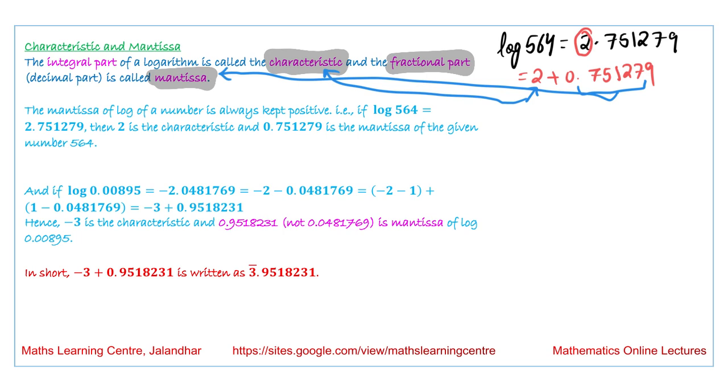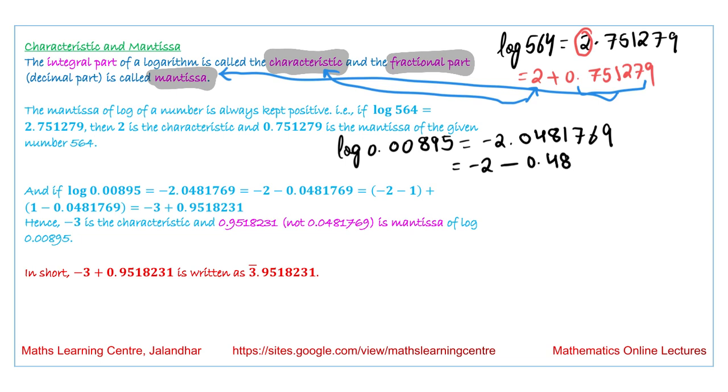Similarly, if we are talking about the log of the number, say 0.00895, the answer we have is minus 2.048179. So, we write this is equal to minus 2 minus 0.048179. The fractional part cannot be negative, so we write it in the form minus 3 plus 1 minus 0.048179.